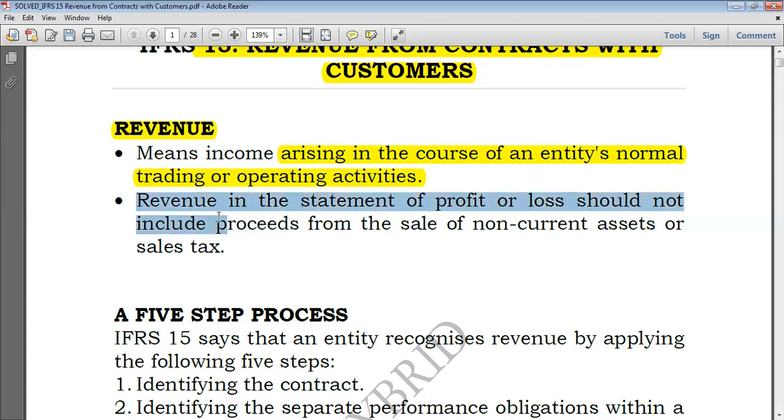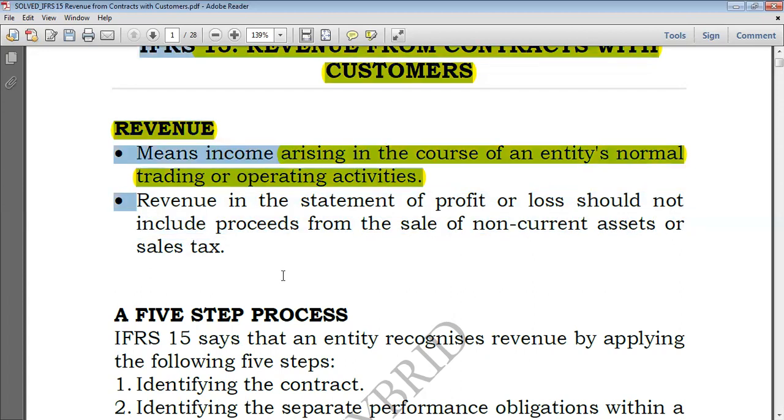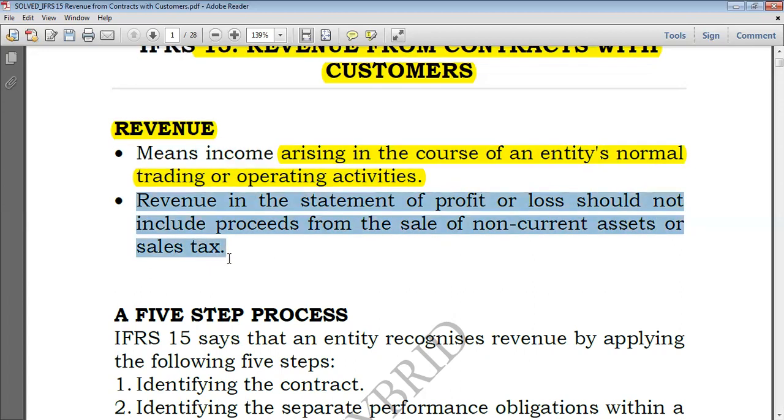And lastly, revenue in the statement of profit or loss should not include proceeds from the sale of non-current assets or sales tax. So you cannot say that you sold non-current assets. Let's say you dispose a non-current asset for $200,000 and then you use it as revenue. No. So neither its gain nor just the sales proceeds from the disposal of non-current assets should form part of sales.